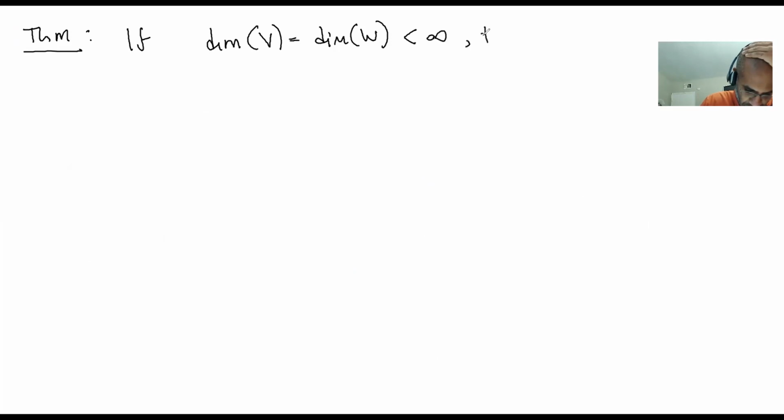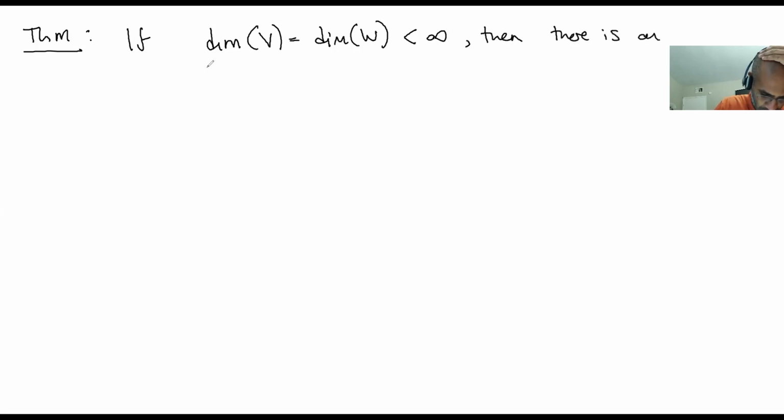The theorem is if the dimension of V is equal to the dimension of W for two vector spaces and both are finite, then they're isomorphic. Okay, so this one number is all you need to know in order to figure out whether there's an isomorphism.